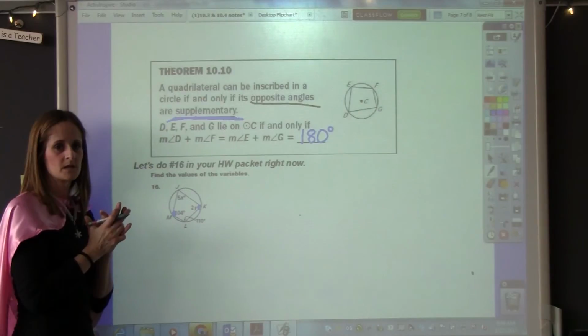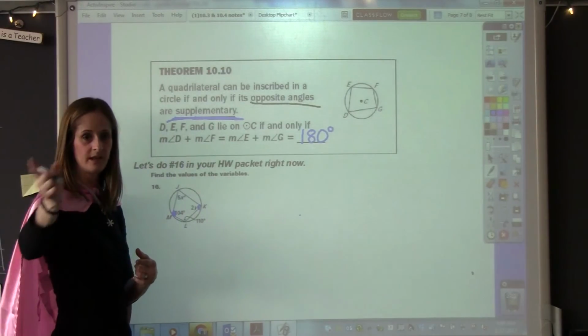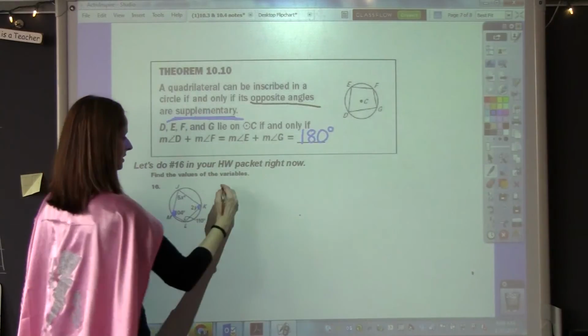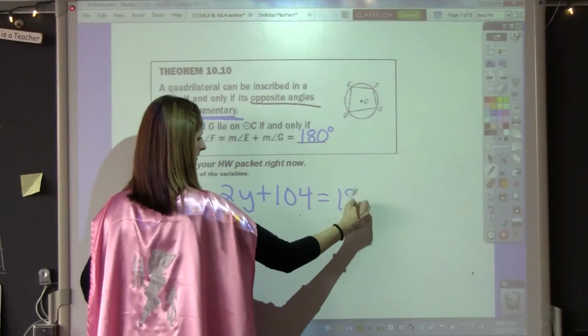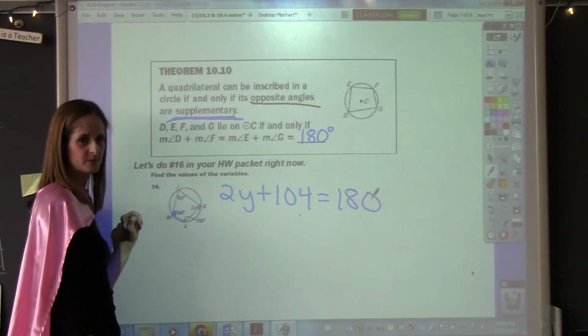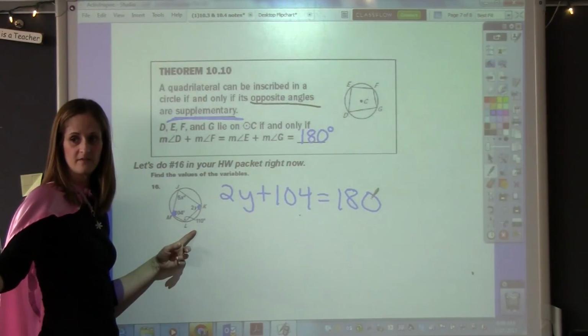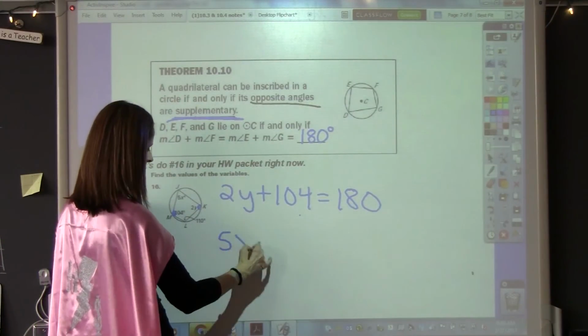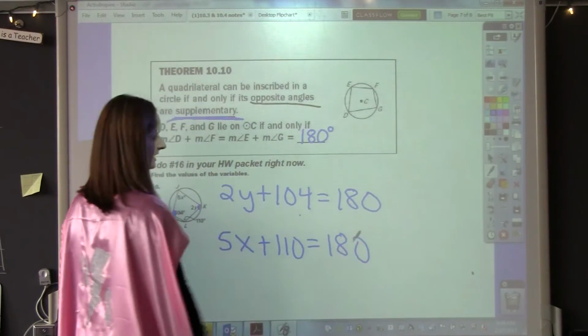You add: 5x plus 110 equals 180, or 104. Okay, you just said one answer, and you just said one answer. So we've got 2y plus 104 should add up to 180. And then if we were doing the other pair to find the value of x, 5x plus 110 adds up to 180.